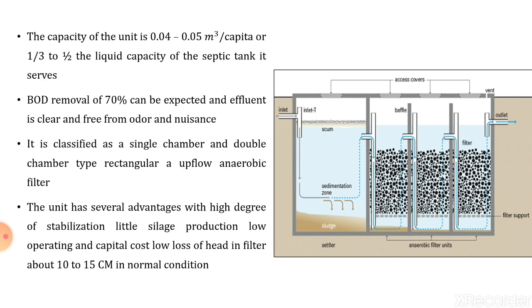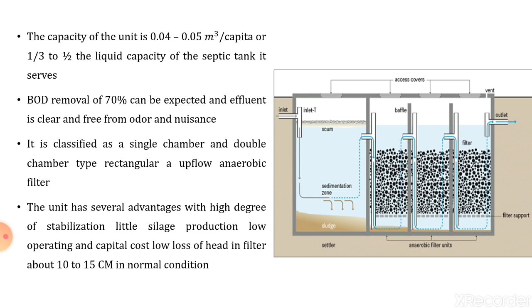The capacity of the unit is 0.04 to 0.05 meter cube per capita, or 1/3 to 1/2 the liquid capacity of the septic tank it serves. BOD removal of 70% can be expected and effluent is clear and free from odor and nuisance.